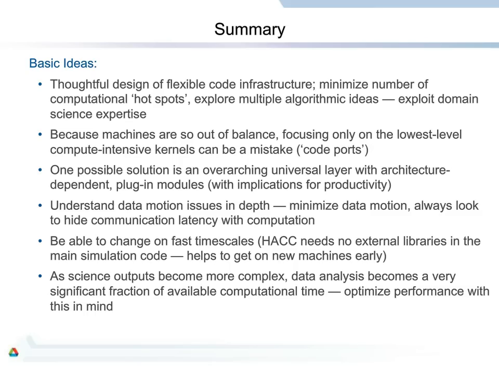And as I try to say, at least for our code, one possible solution is this overarching universal layer with architecture-dependent plug-in modules. And this has also implications for productivity, because you can bring in people who are experts on a particular architecture. Now they don't have to know what the heck the code is doing the rest of the time. You just tell them, here is the module, it does this, it's designed for your machine, but can you optimize that? So this helps a lot.